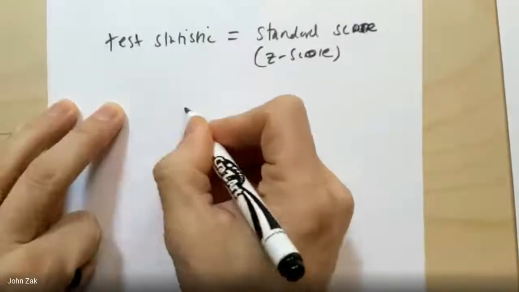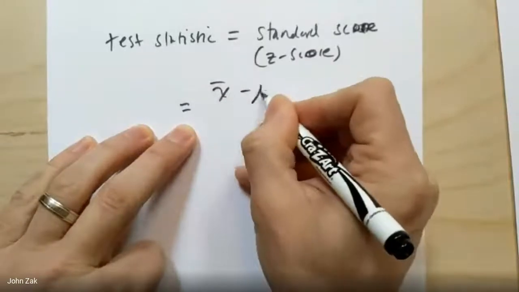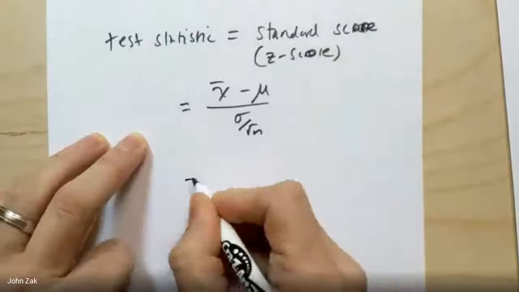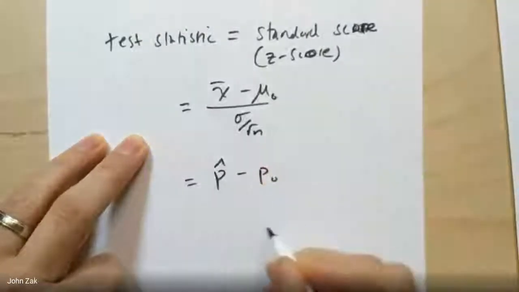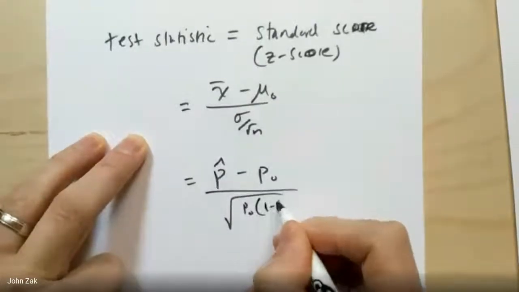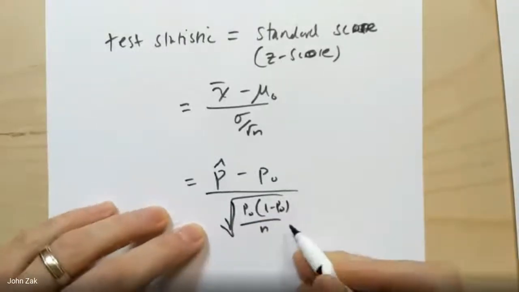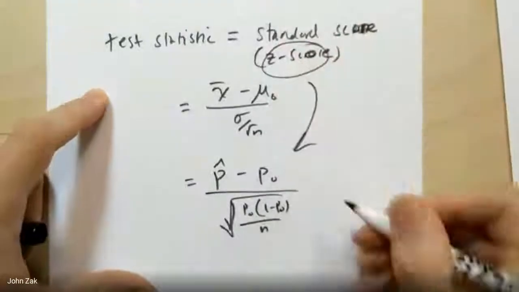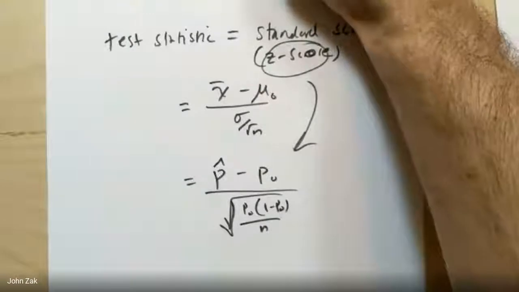So the test statistic is always going to have a z-score formula. For instance, it could be something like the sample mean minus mu over this guy, right? In another context, it was p hat minus the hypothesized p over the square root of p times 1 minus p over n, right? But stuff like that. This is just what I mean by a test statistic. It's just a z-score. So hopefully that answers your question, Doreen.